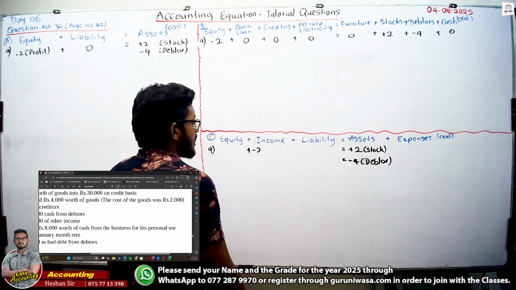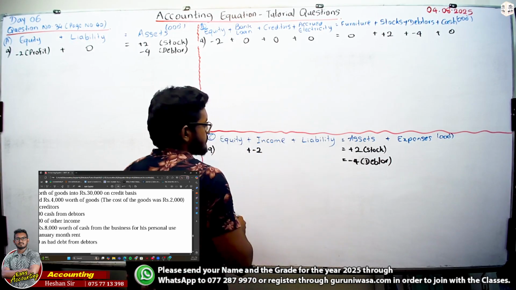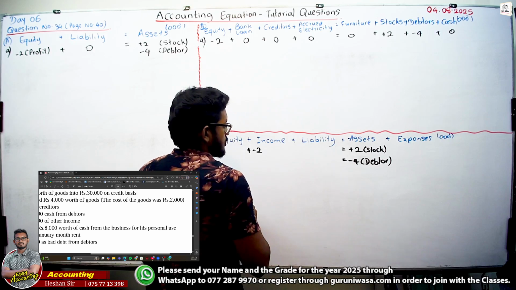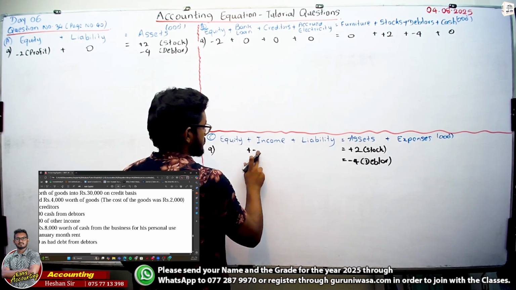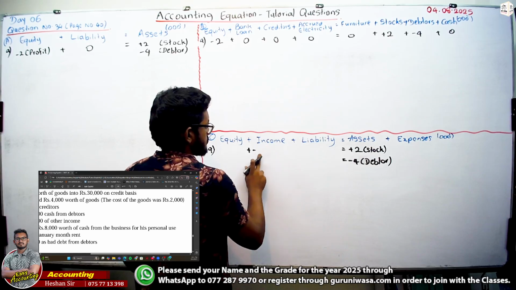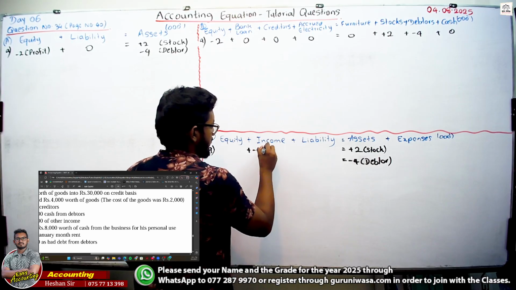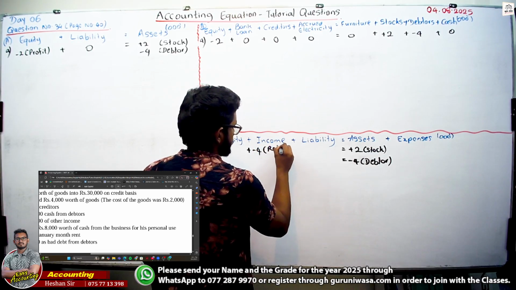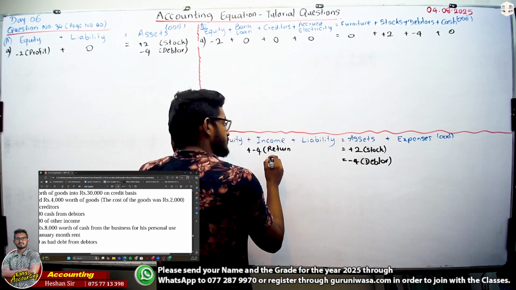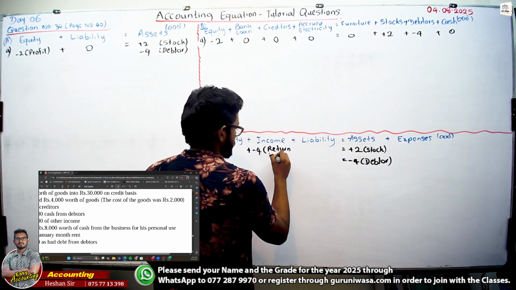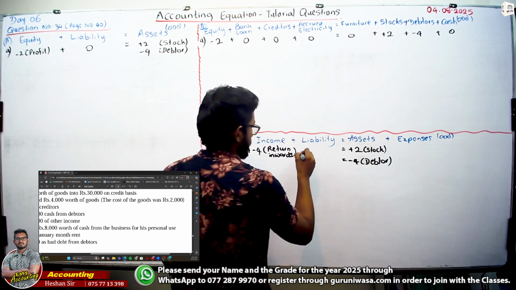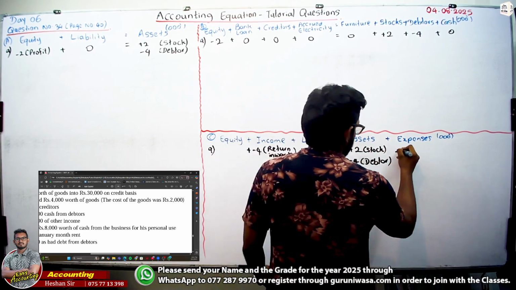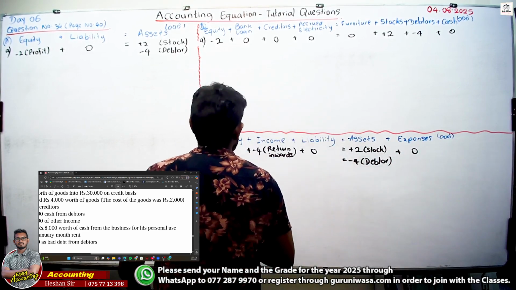When it comes to our income, income decreased by 4000, return inwards. Liability 0, expense 0, right?